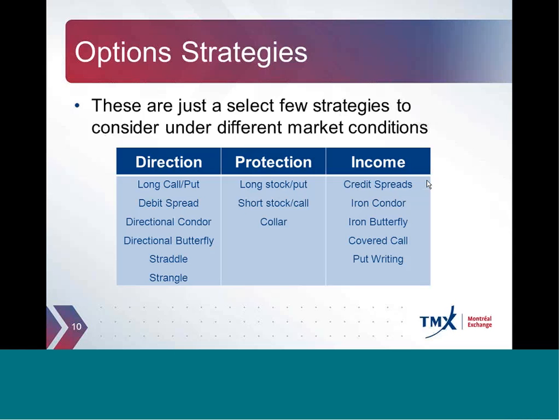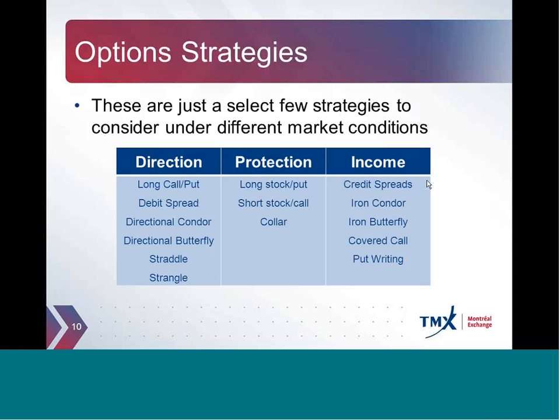The difference between the two is just the selection of the center strike prices. We could also purchase straddles or strangles, which are strategies that involve simply buying a call and a put at the same time, not so much to focus on a specific direction, but to take advantage of a stock that has the potential to move in any direction. So those are just a few.